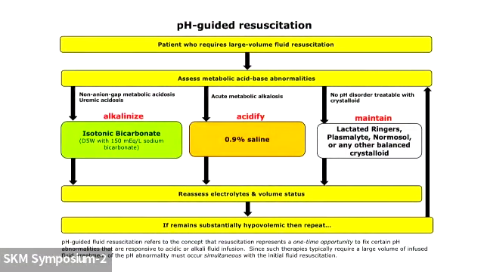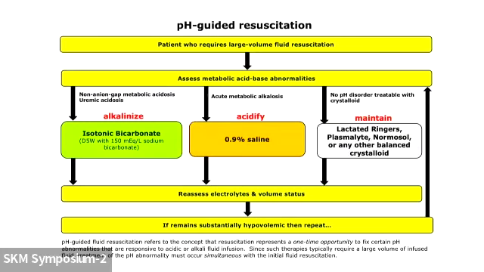Yes. So as I told you, I had too many slides and my boss asked me to remove some of them. So there's also this concept of, can you please turn on that presentation for a minute? So there is this concept of pH-guided resuscitation, in which you start by seeing if the patient is alkalotic or acidotic.